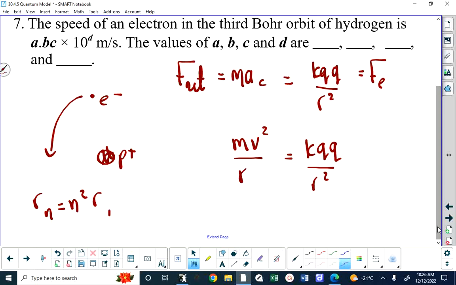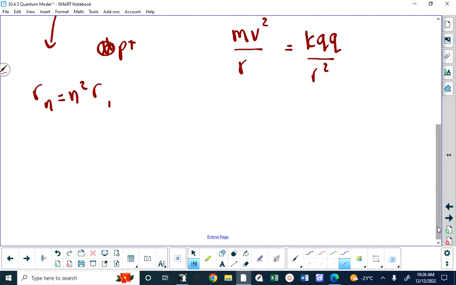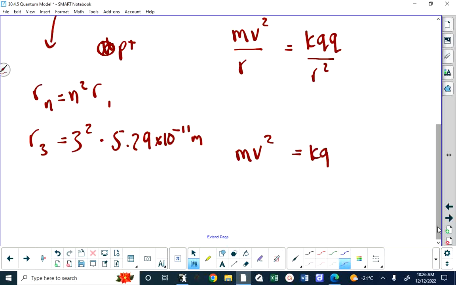So if we want to find R3, because it's in the 3rd energy level, R3 is equal to 3 squared times R1. I'm pretty sure I know this, but can you confirm that R1 is 5.29 times 10 to the negative 11 meters? Thank you, Caden. So all we have to do, and by the way, let's just make our lives a little bit simpler by canceling an R from both sides.